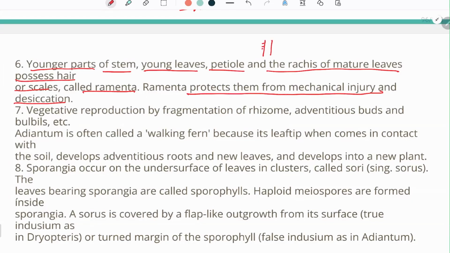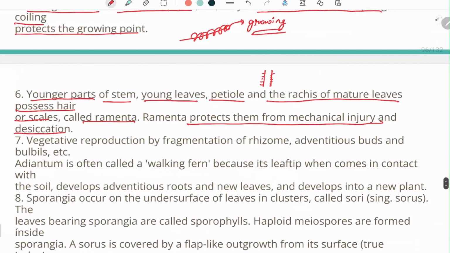The hair-like projections present on the surface of the stem, the leaf, the petiole and the rachis of the mature leaves are termed ramenta, and ramenta is present whenever there is an excessive growth of something on the surface of the leaf or on the stem. It is usually protective, either protection from desiccation or protection from any animal.